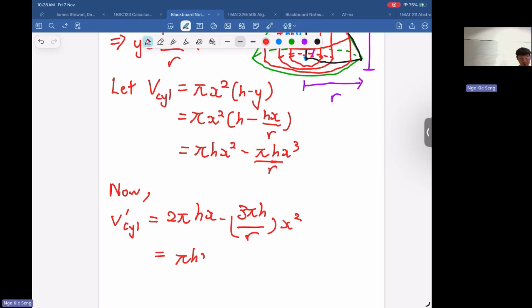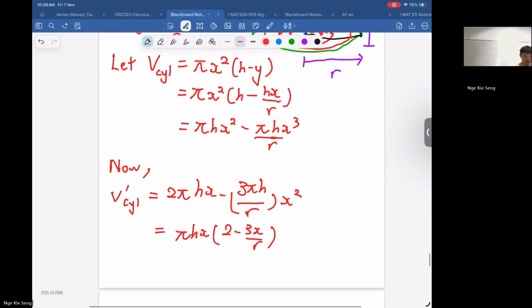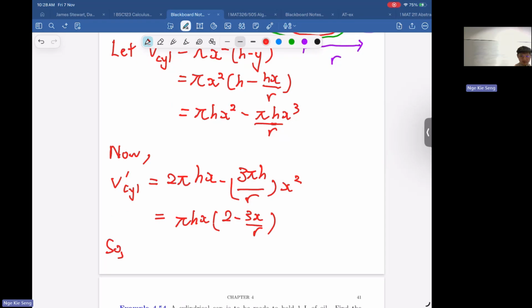This is pi h x over r times 2 minus 3x over r. Okay, we just factorize. There are two factors of x here. So this means that if V prime of x equals 0, this implies that x equals 0 or x equals 2/3 of the radius.